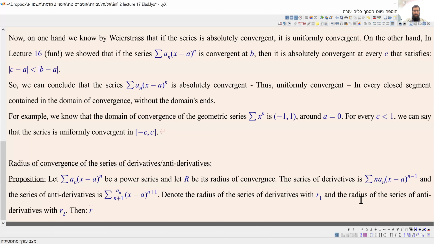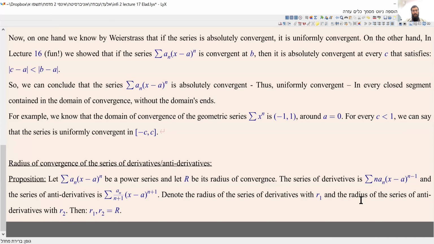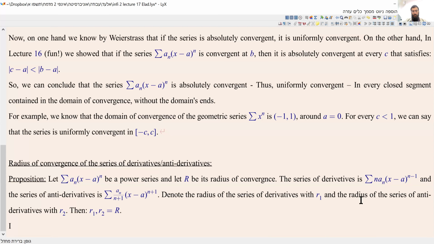Then r1 and r2 are both actually R. In other words, differentiate/integrate element by element. How many times you like? The radius still stays the same.